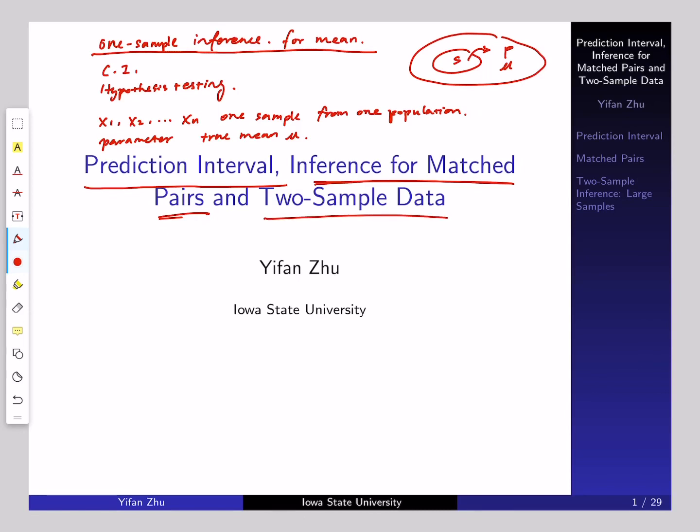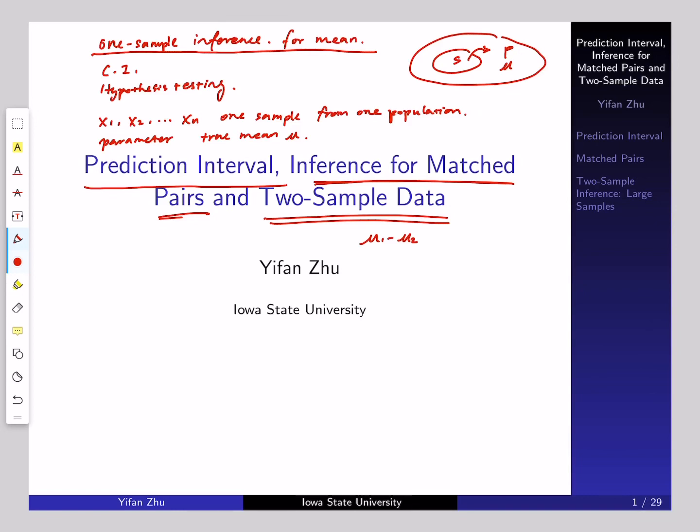So we will also start the inference for the two sample data, where we have two samples from two populations. And for both of these, inference for matched pairs and inference for two sample data, the parameter we are interested in is the difference between two means.